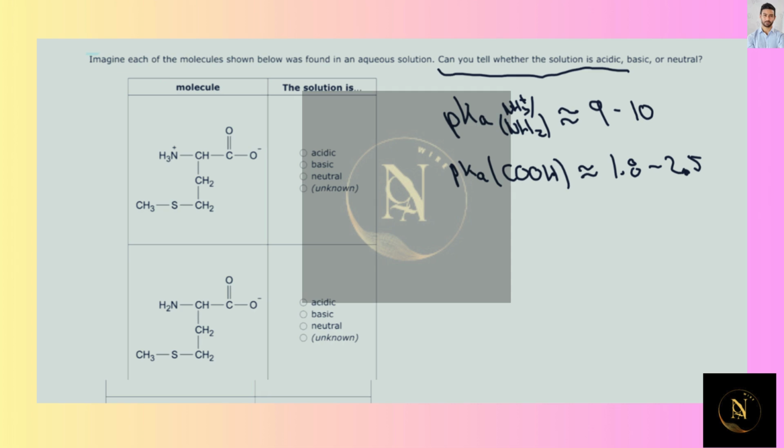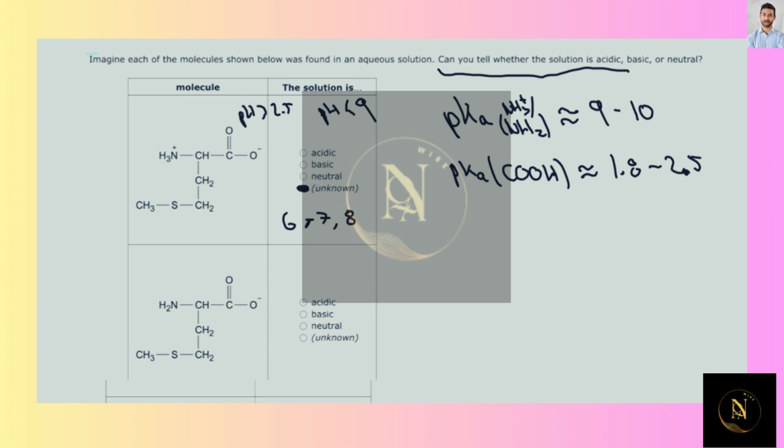So in this case, what we can know is that the pH is going to be higher than 2.5, but lower than 9. In this case, we cannot know, because the pKa corresponding to the amino part tells us that we have the possibility of pH 6, 7, 8.